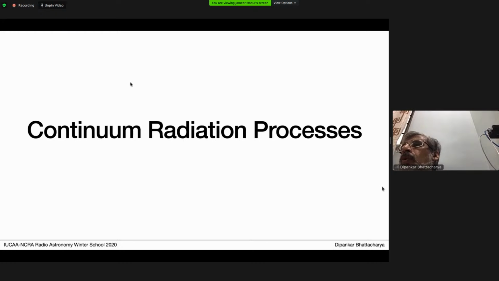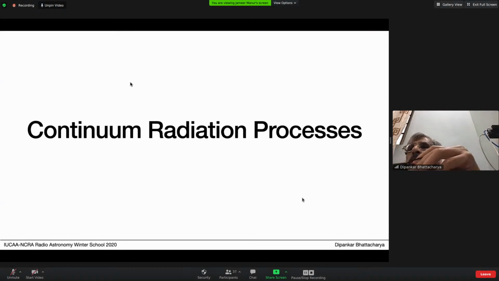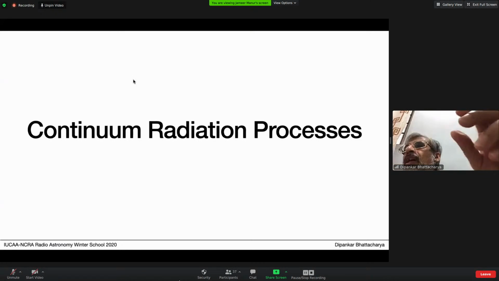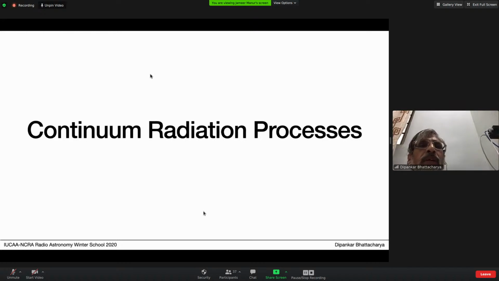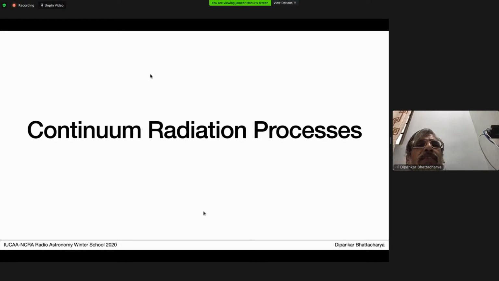So we will now go through some processes which employ these two aspects of electromagnetic radiation to describe different continuum radiation processes. The underlying mechanism in every single case is an accelerated charge emitting radiation, and a collection of those put together is the total radiation that you see from the source. Only the source of acceleration could be different in different cases.